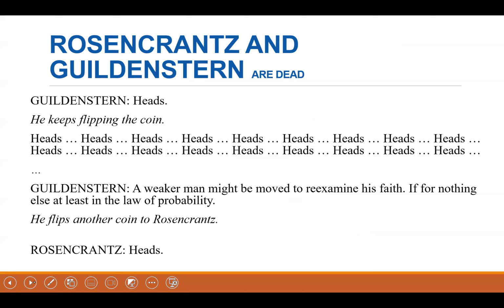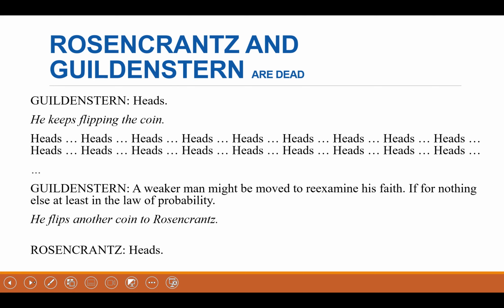Okay, so Rosencrantz and Guildenstern Are Dead is a play. I forget who wrote it. I don't think that was Shakespeare, was it? Shakespeare wrote Hamlet, and then somebody else wrote this based on these two comic relief characters in Hamlet. At the beginning of this play, Guildenstern is flipping a coin, and it keeps coming up heads over and over and over again.